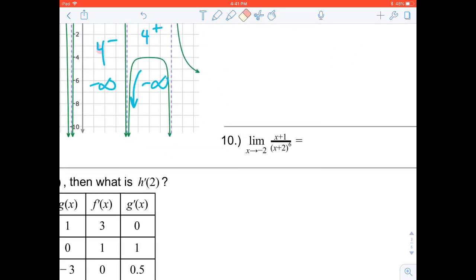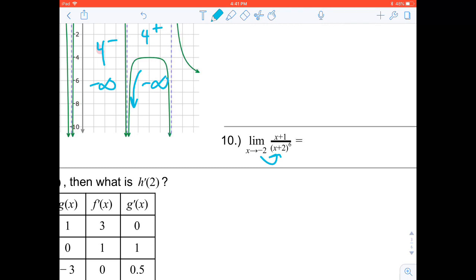So the limit as x goes to negative 2 of x plus 1 over x plus 2 to the 6th power. If I plug in a negative 2 here, I'm going to get a 0 in the denominator. So I got to come up with some other way of solving this. Factoring is not going to work. Rationalizing is not going to work.